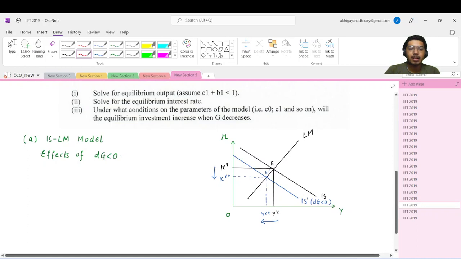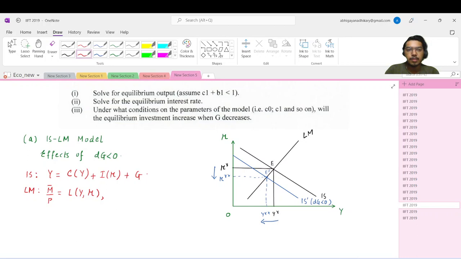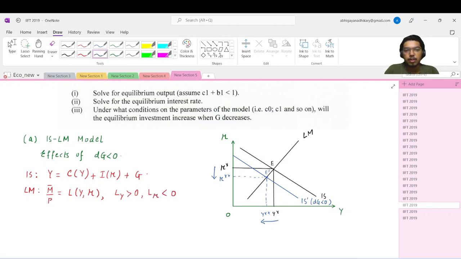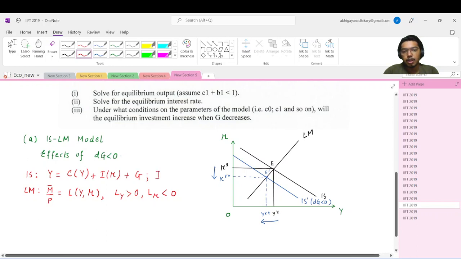If you recollect the standard equations, the IS curve represents the goods market equilibrium: Y equals C as a function of Y, plus I as a function of R, plus G. And the LM curve is the real money balance, M bar by P, equals L as a function of Y and R. Let me write down the signs of derivatives as well: Ly positive, Lr negative, I prime negative, and C prime lies between 0 and 1.